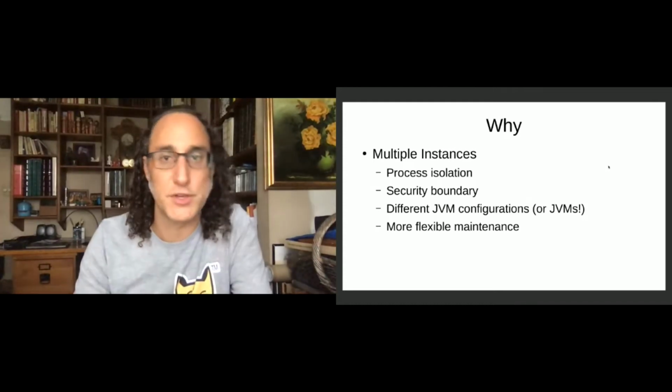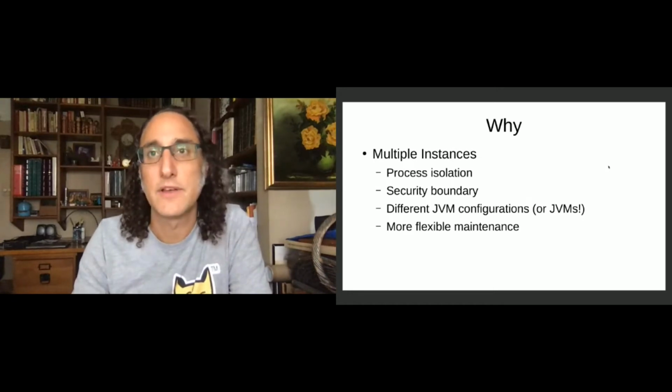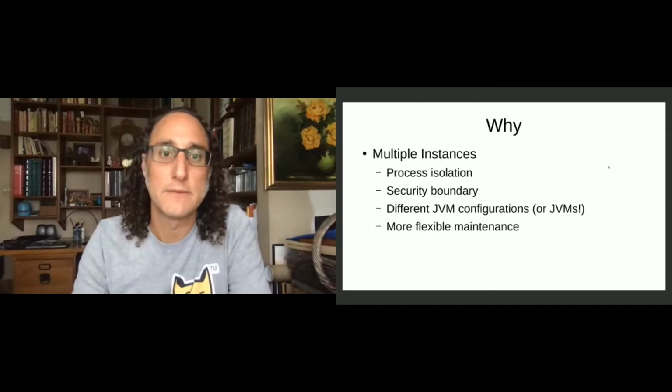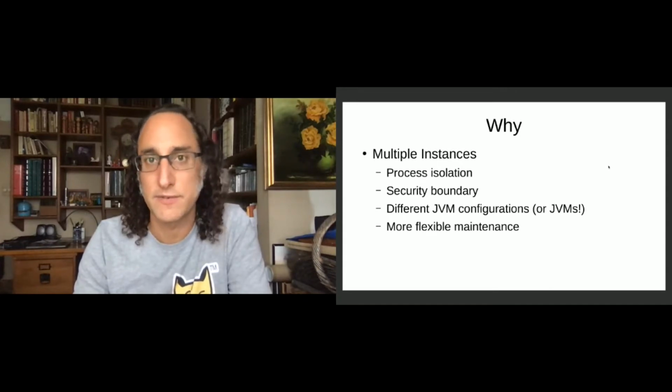The same is true for a security boundary. Again, if you have either a misbehaving application or one that has been compromised, that application couldn't be used to at least directly compromise a Java application running in a different JVM.